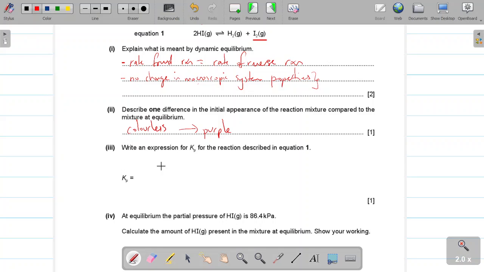So this would be equal to the partial pressure of hydrogen times the partial pressure of iodine divided by the partial pressure of hydrogen iodide squared. Because the stoichiometric coefficient of hydrogen iodide is 2, this becomes the exponent down here. And although the question doesn't ask for it, the unit for Kp for this reaction is of course unitless because all the units cancel.